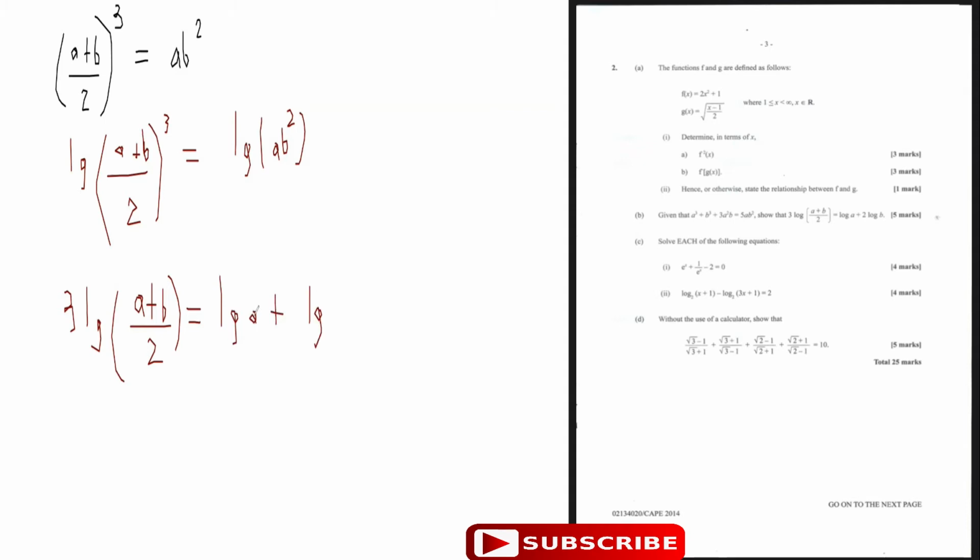Nice. Now I can go even further to break it down as log a plus 2 log b. And that is equal to this over here, which is 3 log a plus b over 2.